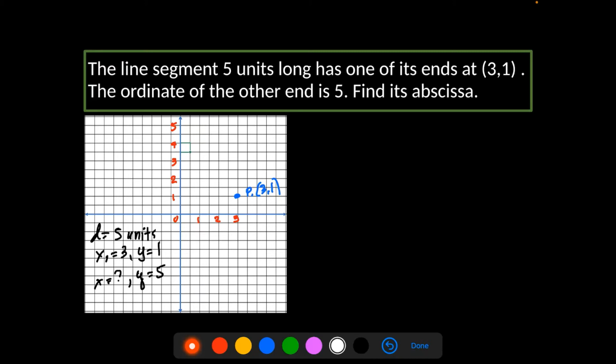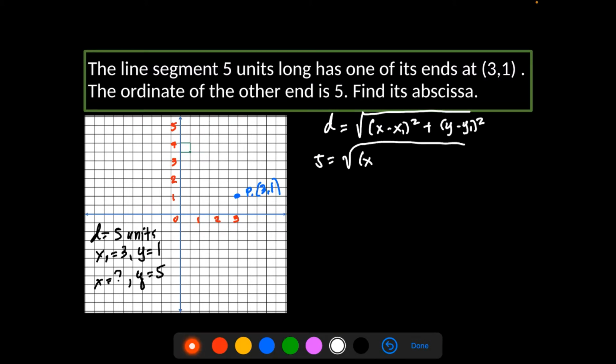Okay, so substituting to the formula, then we will have d equals the square root of (x minus x sub 1) squared plus (y minus y sub 1) squared. Now d here is 5, so we substitute 5, and then we have the square root of (x minus 3) squared plus (5 minus 1) squared.